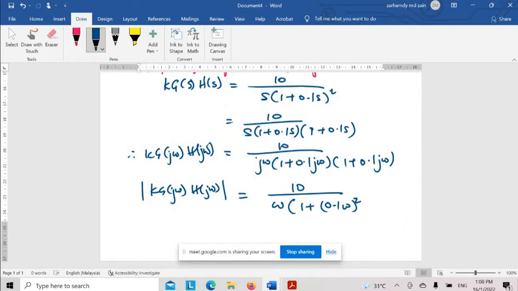If you want to separate every subsystem, you can use G1 of j omega.